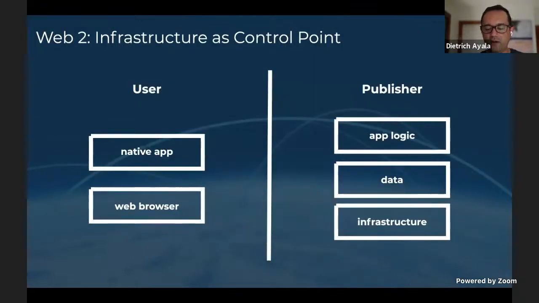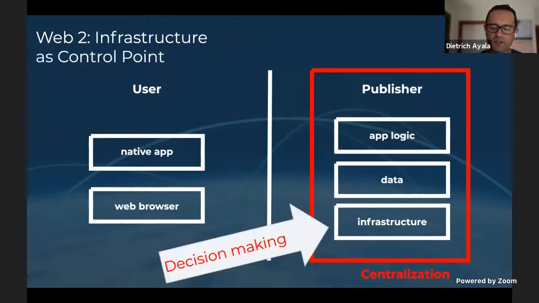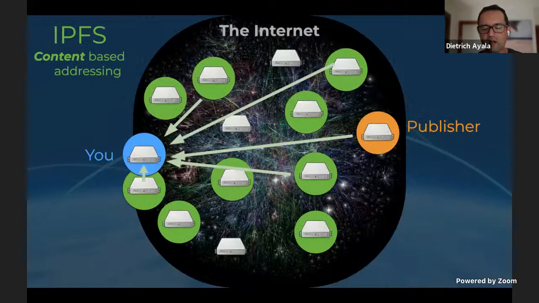With Web 2.0, pretty much all of the decision-making in these types of application infrastructures exists on the server, on the publisher side of things. And that's really different than how a distributed application works, like IPFS. This kind of complexity and load is distributed across all of the participating nodes, not only the publisher.